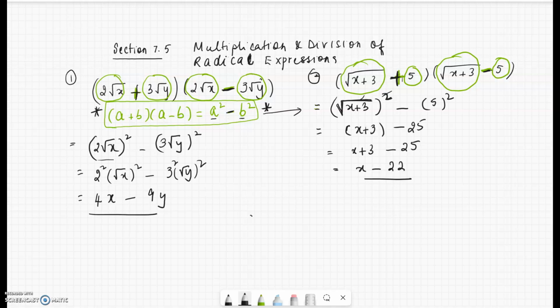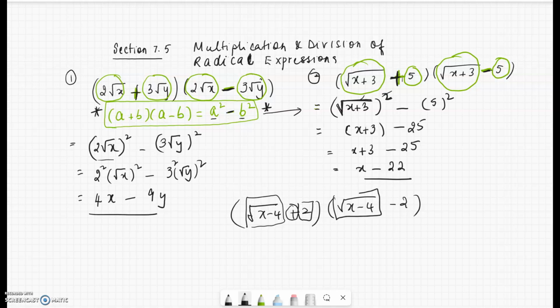Now, what if you have radical x minus 4 plus 2 and radical x minus 4 minus 2. So a plus b times the same a minus b. Again, recognize the pattern. You square the first.